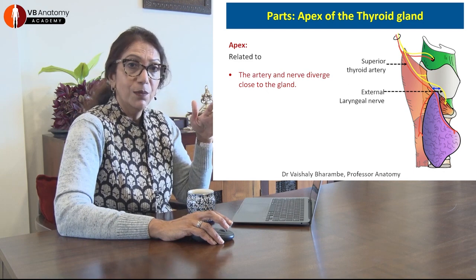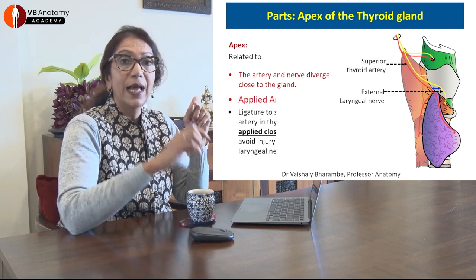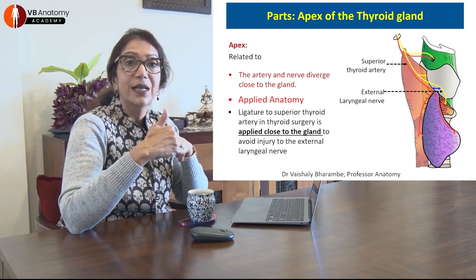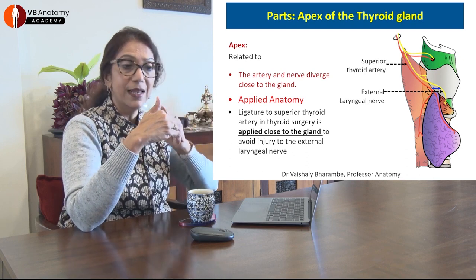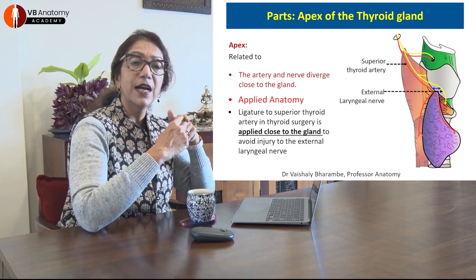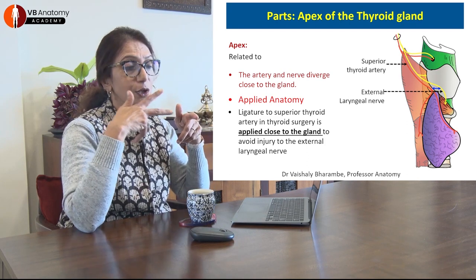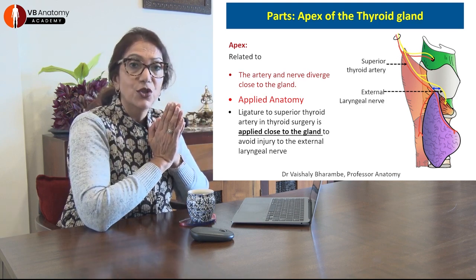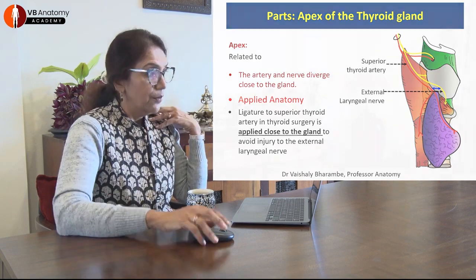What do we want to know from this? That when you want to ligate your superior thyroid artery, you will do so close to the gland. Because close to the gland, the nerve has separated from it. Till then, the nerve and the artery were traveling together. Were you to try to clamp the artery, you might end up damaging the external laryngeal nerve. Got it?